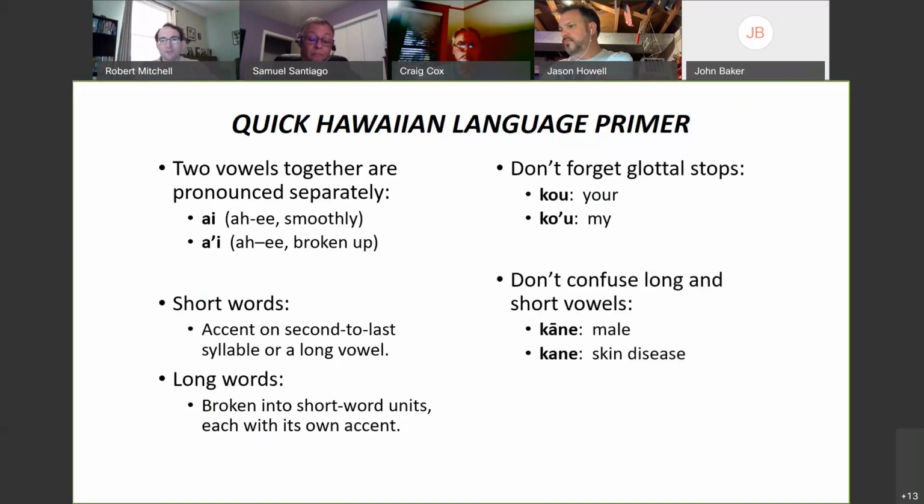But look what happens if you forget to note that the A is a long vowel. Completely different definition. You see that? So it's between male or skin disease. And I can hear my sister saying, what's the difference?